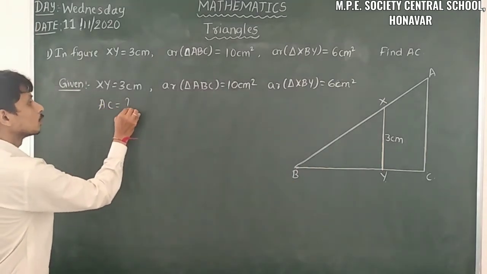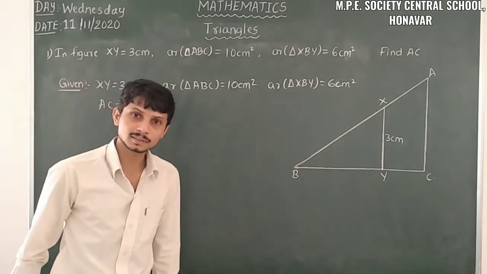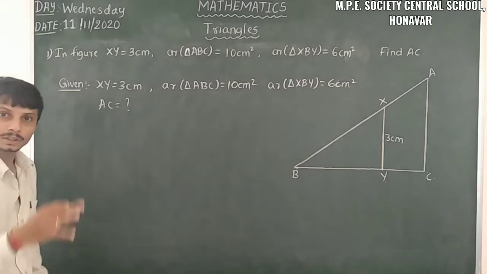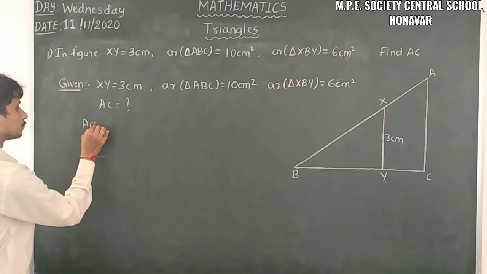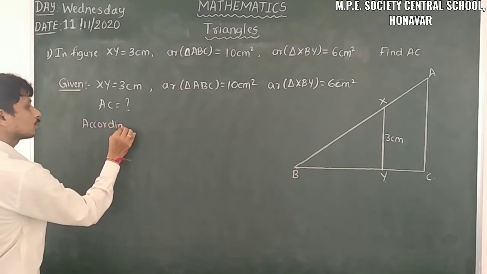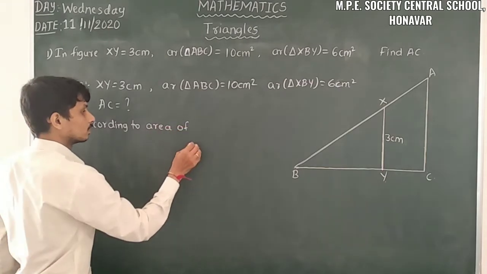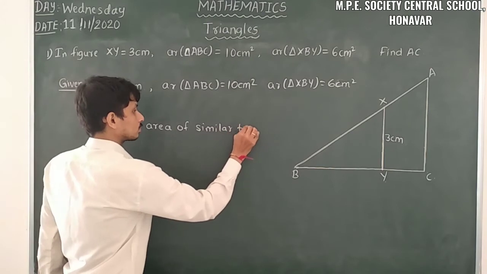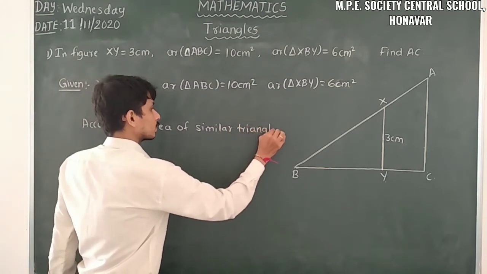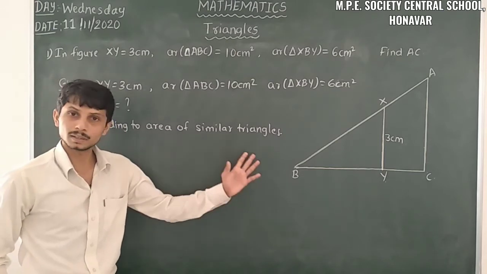AC is equal to, according to the theorem on area of similar triangles. After that we have to write the statement like this: according to the theorem on area of similar triangles.